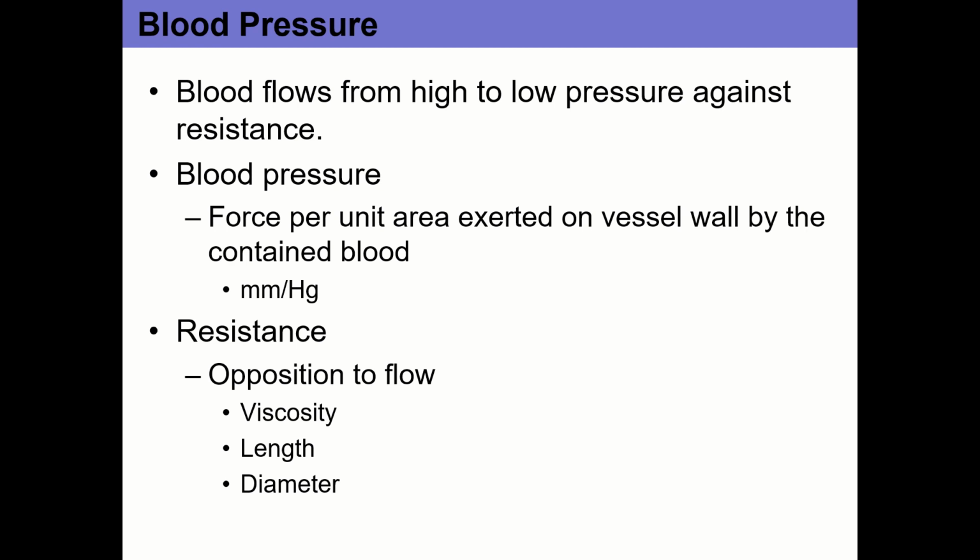And so it's expressed as millimeters of mercury. Sometimes there's a slash, sometimes there's a space. As mentioned before, normal blood pressure is expressed as 120 millimeters of mercury over 80. Remember the two numbers: 120 is the systolic pressure, 80 is the diastolic pressure.